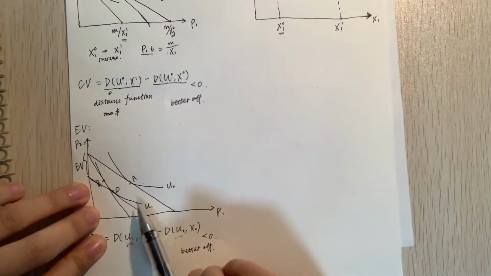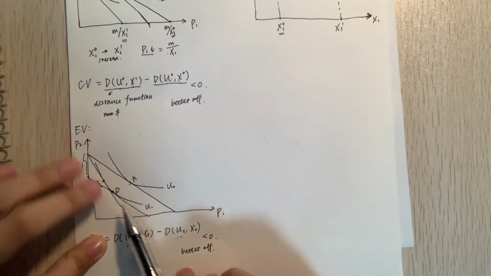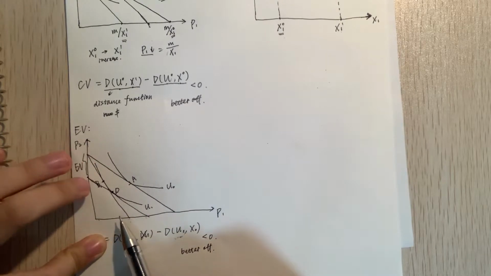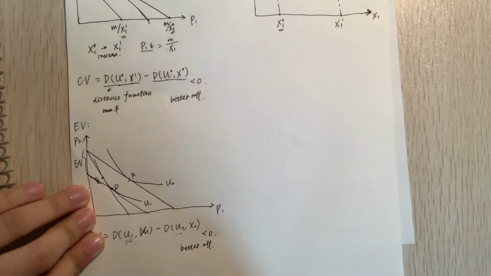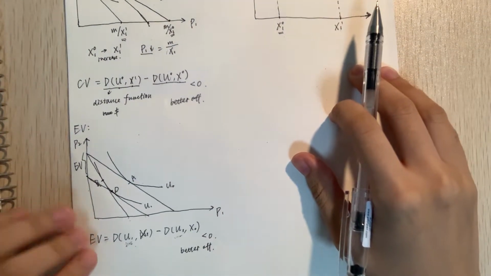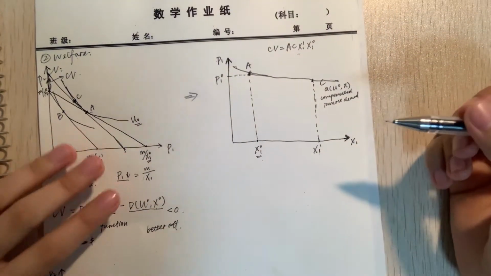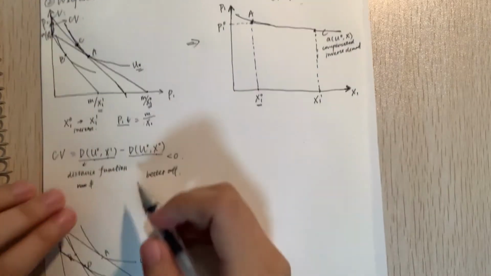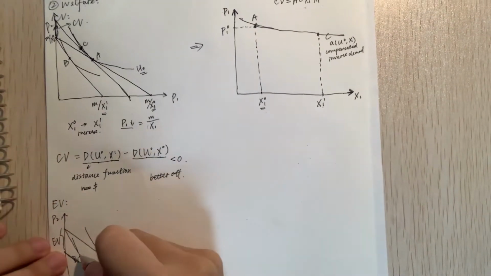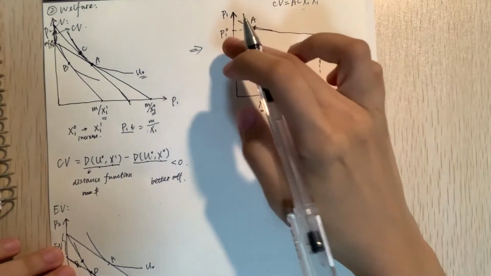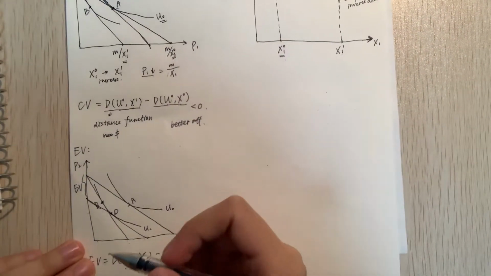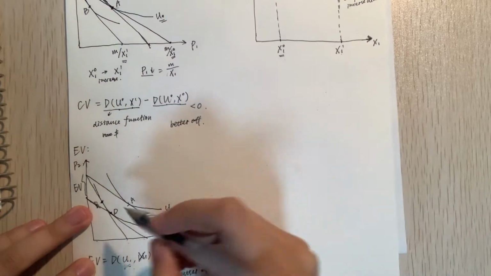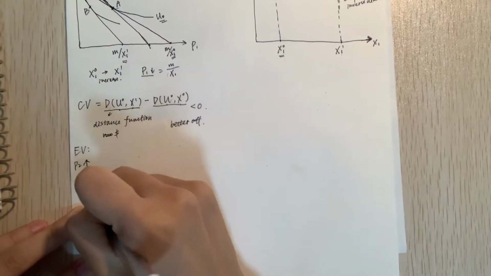It goes through the same utility level, but with difference in price and also quantity, of course. And so, where is it? The demand curve in the situation of equivalent variation should go through point B and point D.